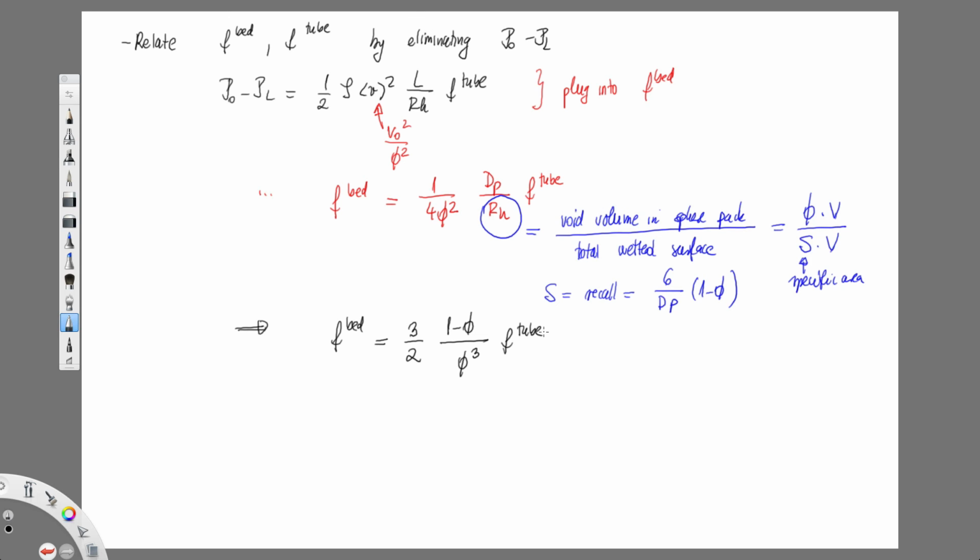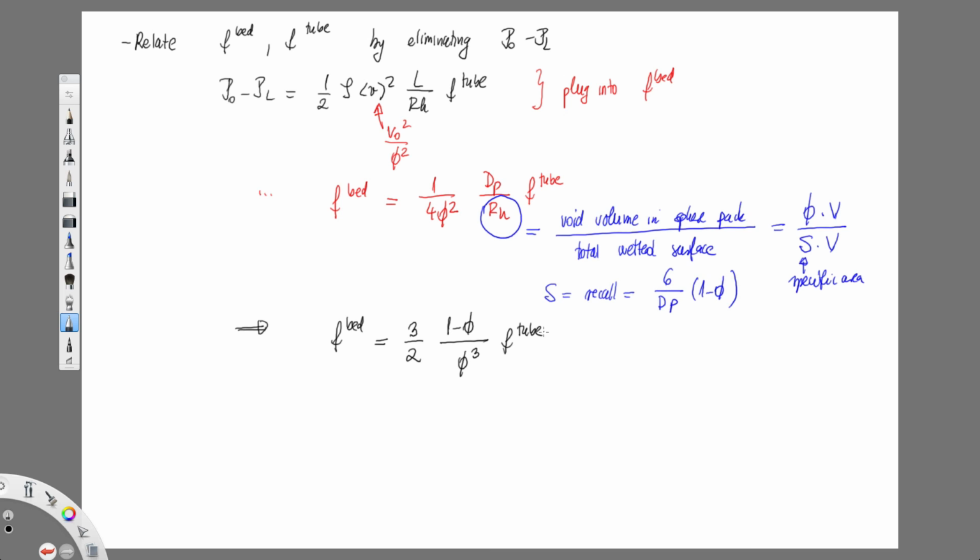And this is actually where we come in, and we're going to watch that on a video. But essentially what you now come in and do, say, okay, for different flow regimes, I know what expressions for F tube should be. And basically for different flow regimes, you're going to get different relationships for this Fanning factor.